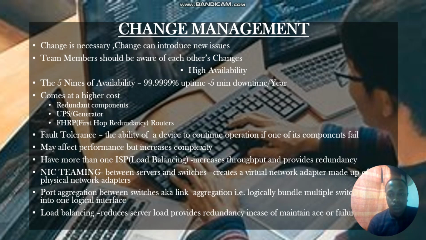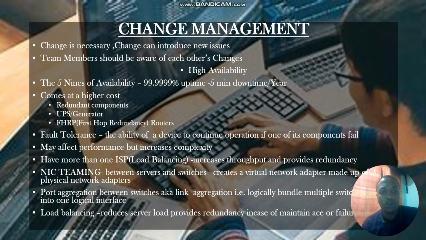Now, talking of availability, there is the term used that is the five nines, which means 99.999% uptime, which translates to about 5 minutes down per year, and this is what is recommended for most systems.